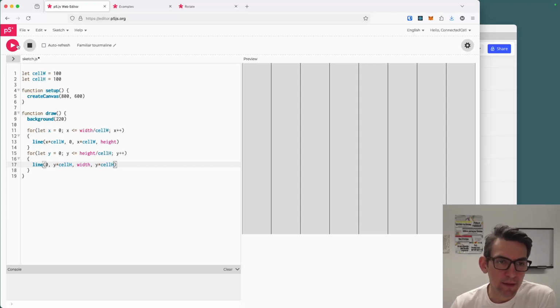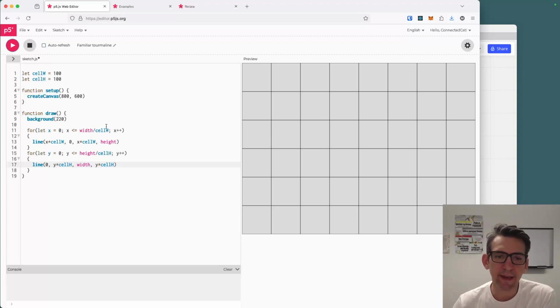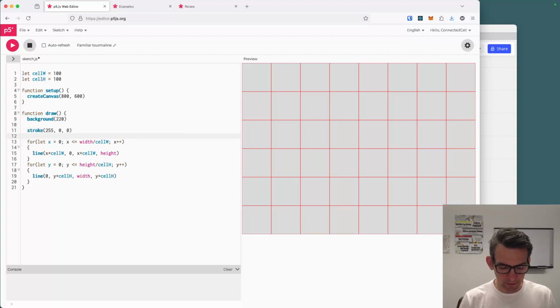Okay, all right, so now we have a grid of squares. Fantastic. And I can, for example, give it a color. So let's do stroke, and then 255, 0, 0 to make it red, and give it a stroke weight of, let's say 3, right?